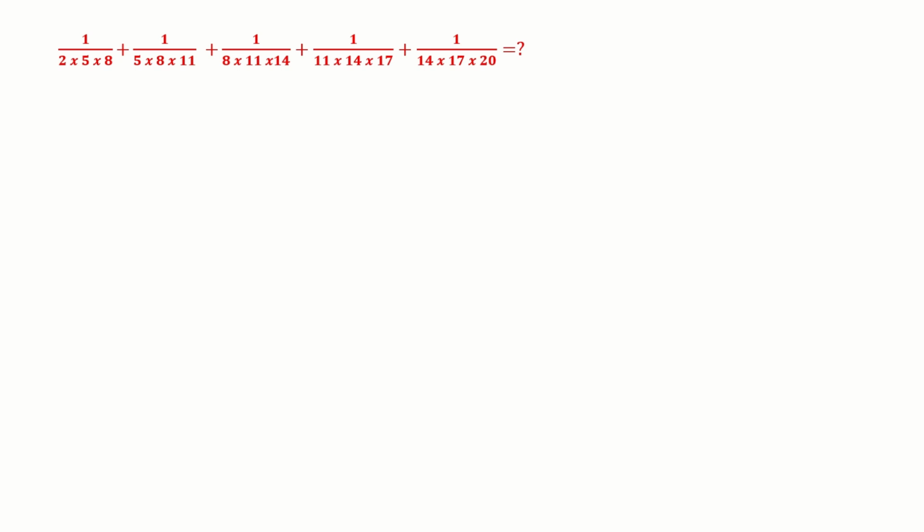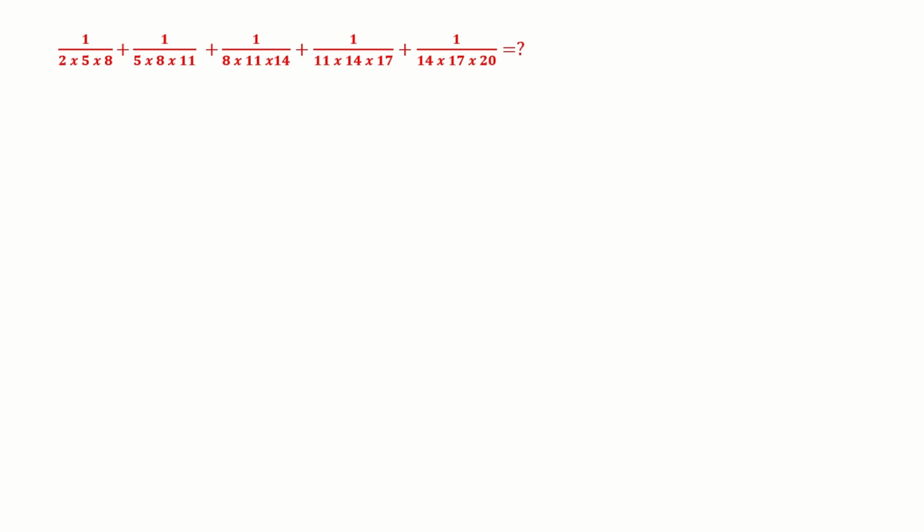The common thing is the difference is the same. If you see 8 minus 5 or 5 minus 2, the difference is basically the same. And 8 minus 2 is 6. Okay. 11 minus 5, it is 6. 14 minus 8, 6. 17 minus 11, 6. 20 minus 14, 6. So the difference is 6. This is the common thing.